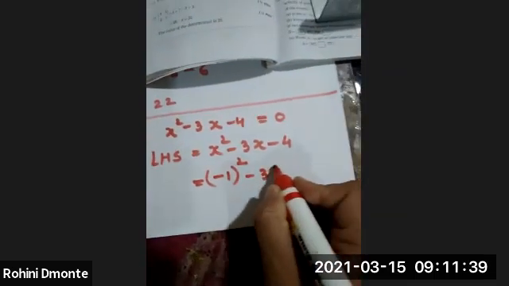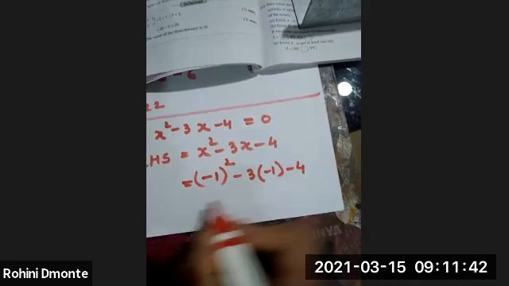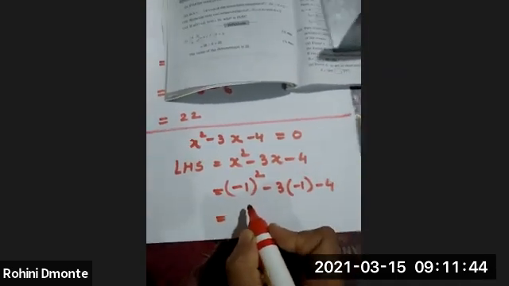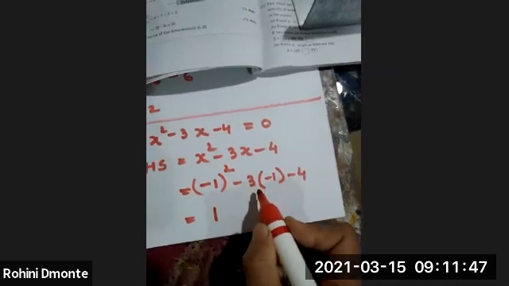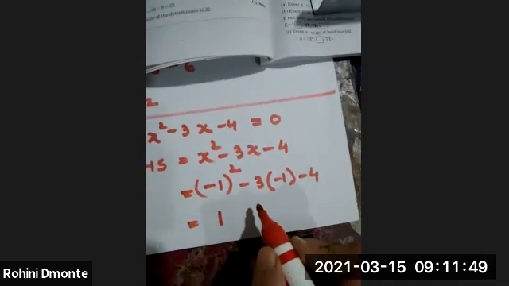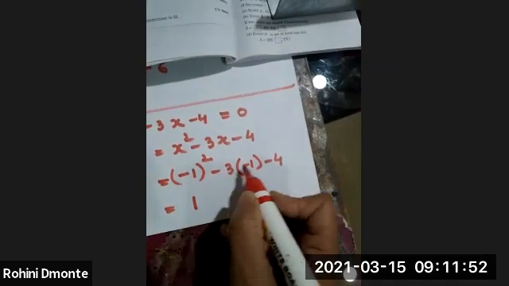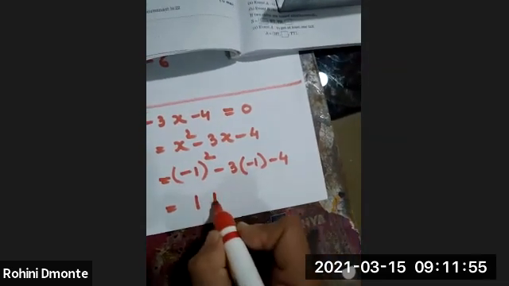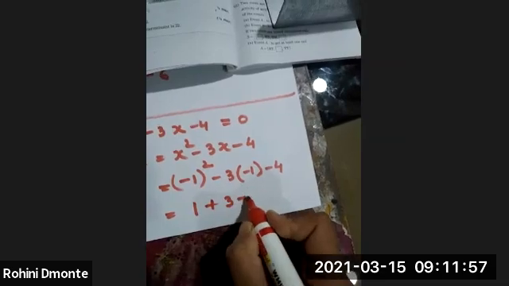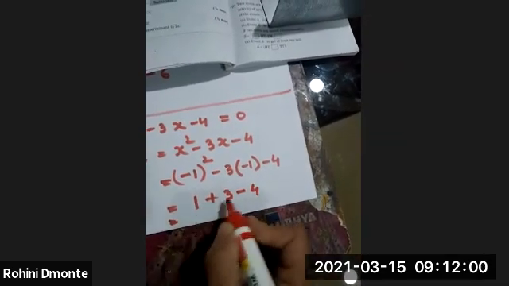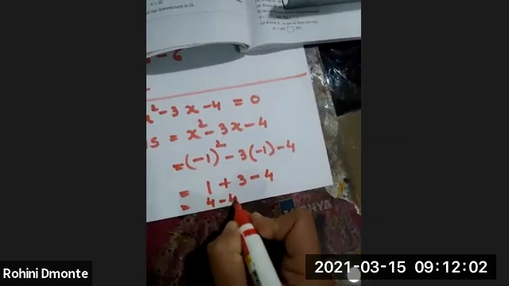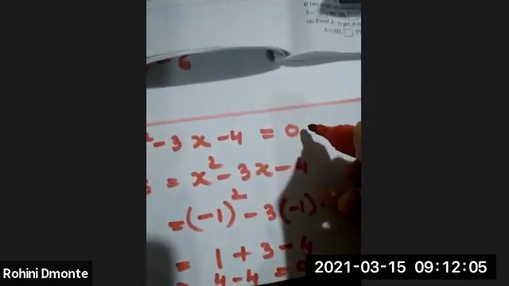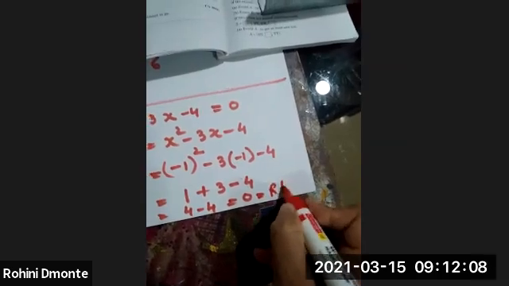Okay. So -1 square minus 3 into -1 minus 4. So square of -1 is 1 only. Okay. So what is the value of -3 into -1? What is going to come? +3, right? -4. Okay. Now if you check, 1 plus 3, 4. 4 minus 4 is equal to 0. Now what is the right hand side of this equation? 0, which is nothing but the right hand side.